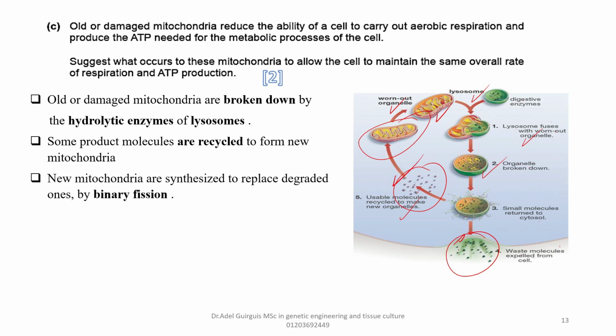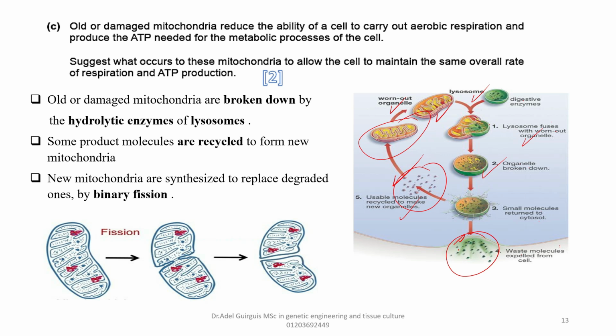And then new mitochondria are synthesized to replace the degraded ones by binary fission. Look at binary fission. Mitochondria possess DNA and possess the mechanism of division, irrespective of cell division or nuclear division, independently from nuclear division.